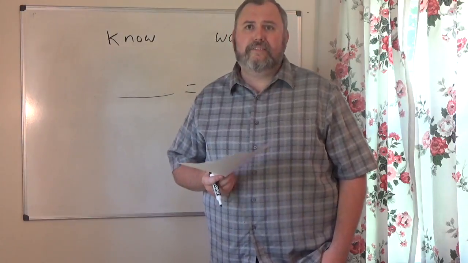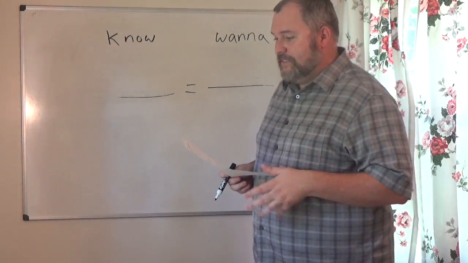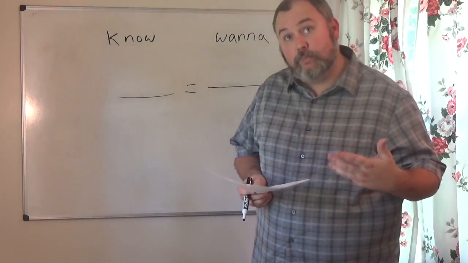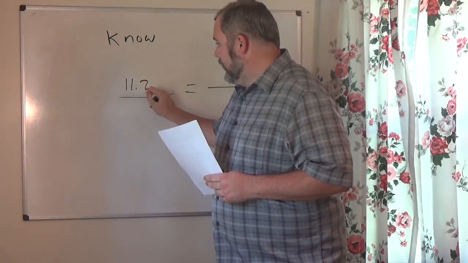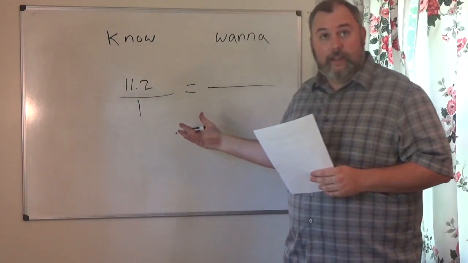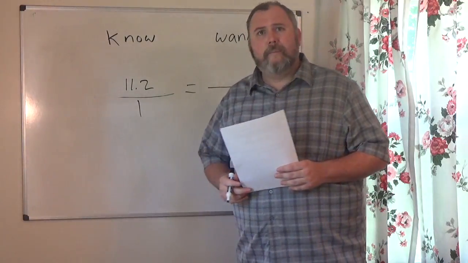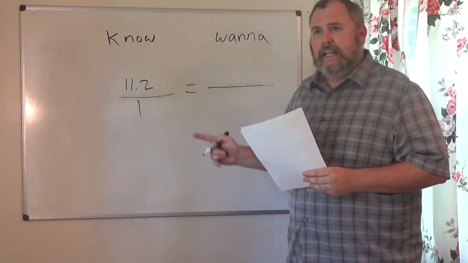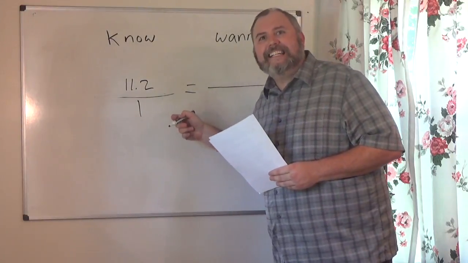All right, so let's just go with what we know right now. It says that the ratio is 11.2 to 1. Hey, we can write 11.2 to 1 like this, okay? This is what we know. But wait a minute. 11.2 what? 1 what?